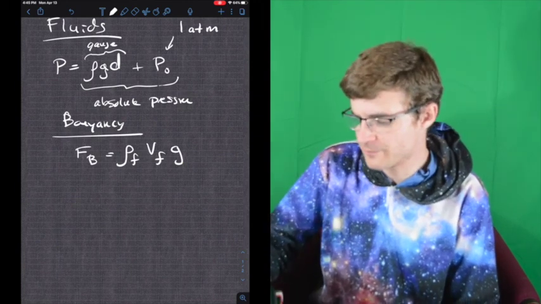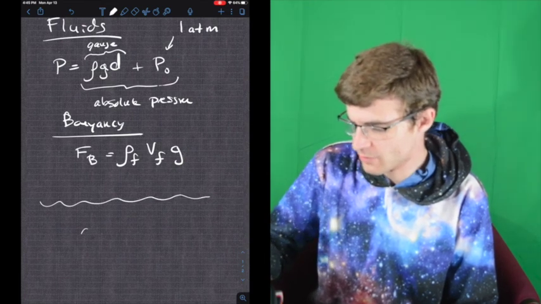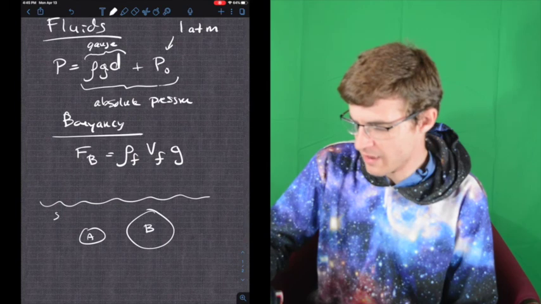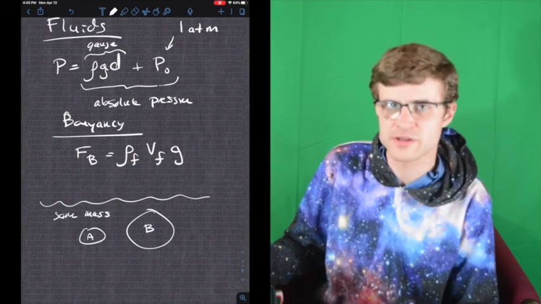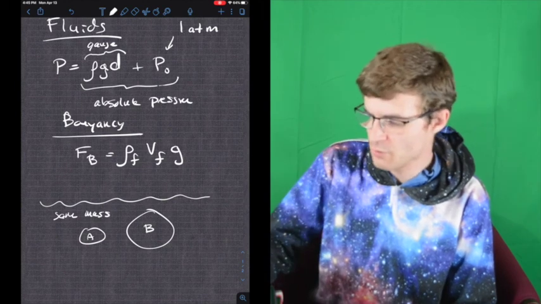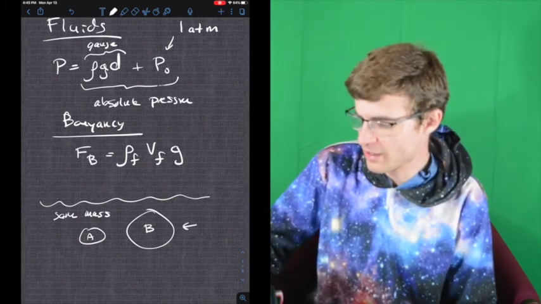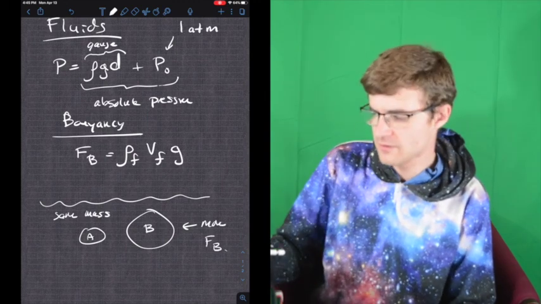For example, let's say I have two balls, ball A and ball B, of the same mass. We might ask which one experiences the bigger buoyant force. Well, ball B displaces more fluid, so ball B has more buoyant force.